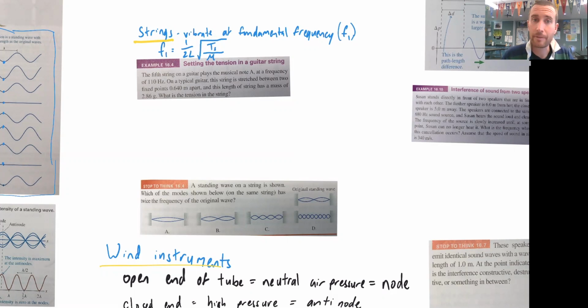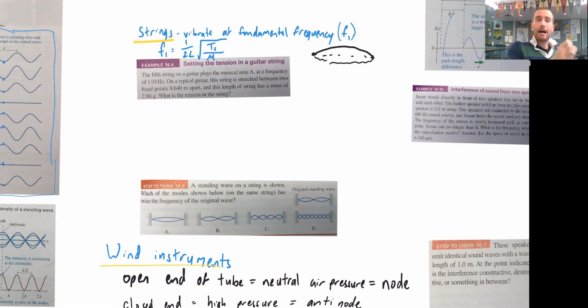String instruments vibrate at their fundamental frequency. If I pluck a string, it will vibrate back and forth. That's one hump, or one up and down. If I pull a string and vibrate it, it'll go like that or like that, or straight through the middle, and that's one bump, and that's mode 1, which is the fundamental frequency, the first harmonic.